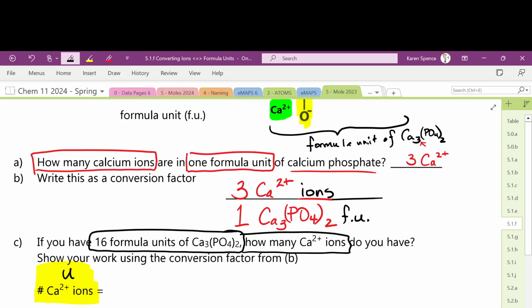Okay, so we're going to take our initial quantity, 16 formula units of Ca3(PO4)2. And what do we write next? What symbol?